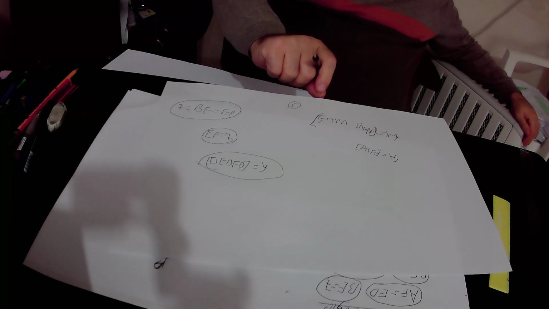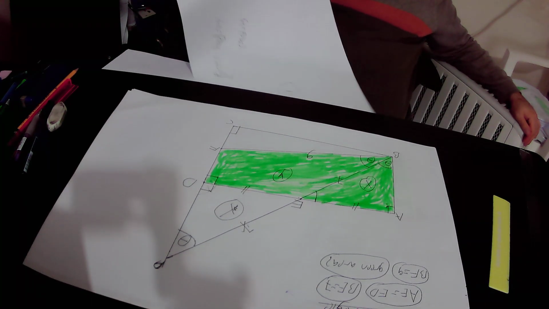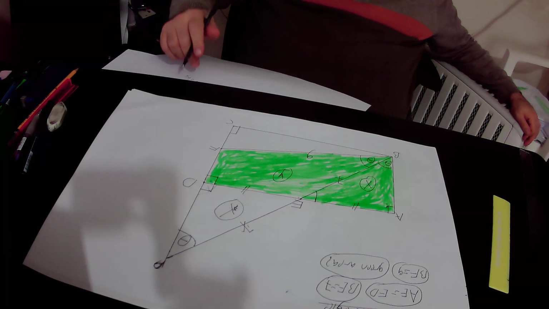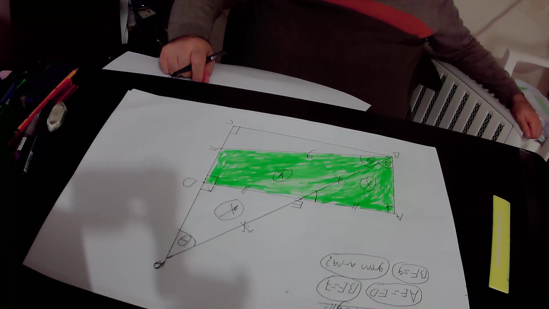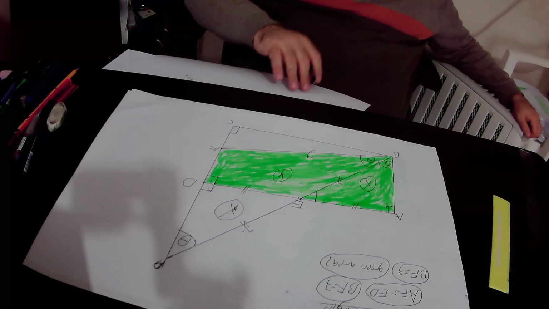Okay. So we actually know that triangle PBF is an isosceles triangle.